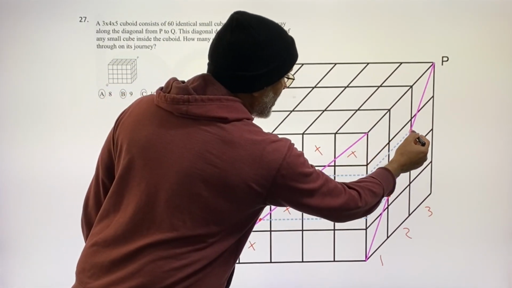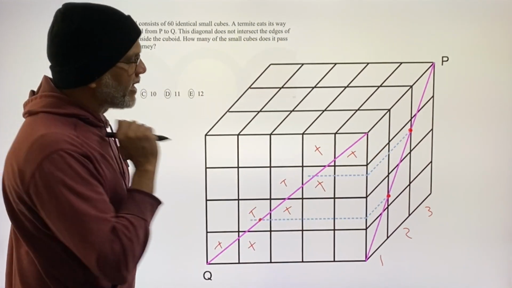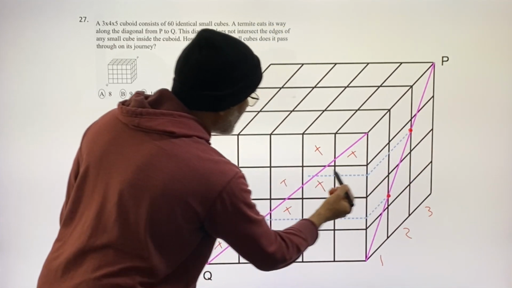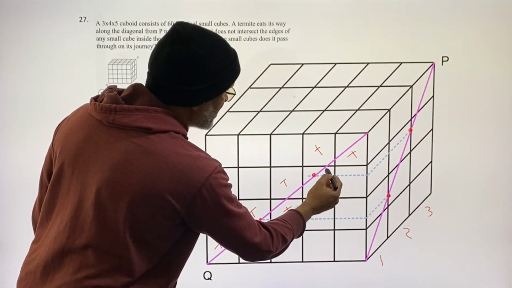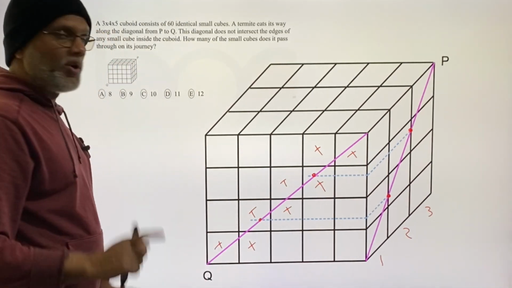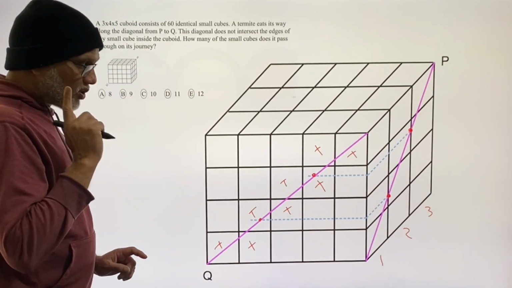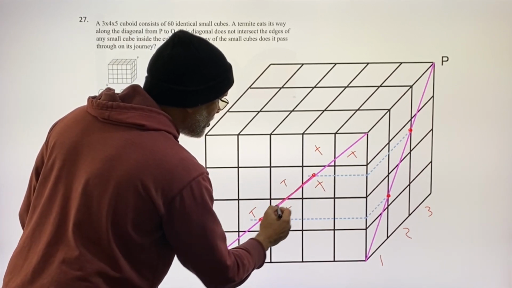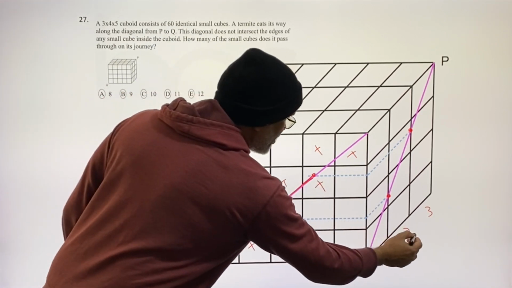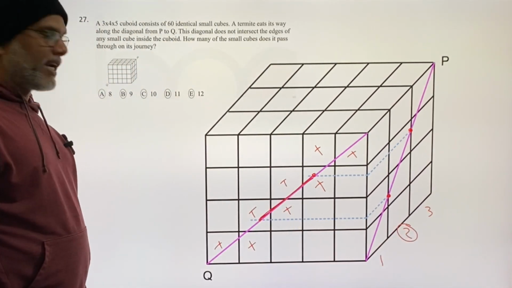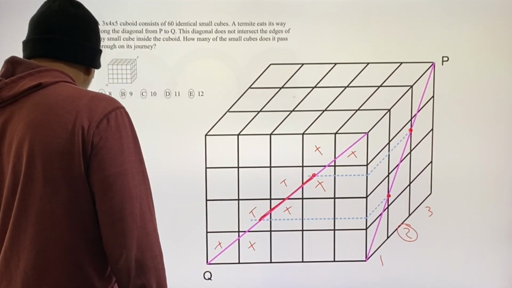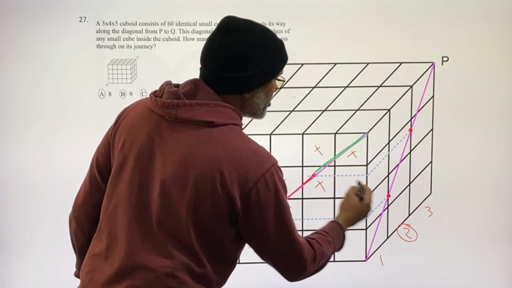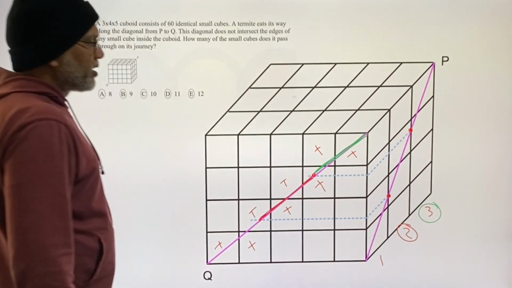Similarly, at this point, you can clearly see that the termite is going from the second layer to the third layer. But if I look at my view, it is still in the same cube. So think about it. From here to here, the termite is going to be on the second layer. From here to here, the termite is going to be on the third layer.